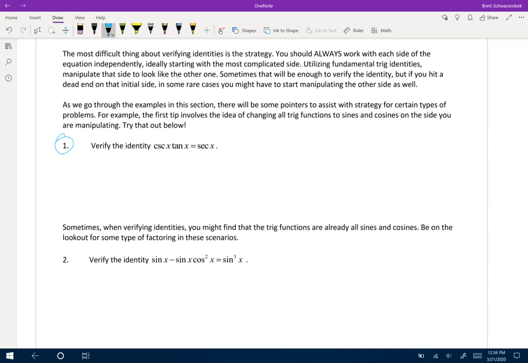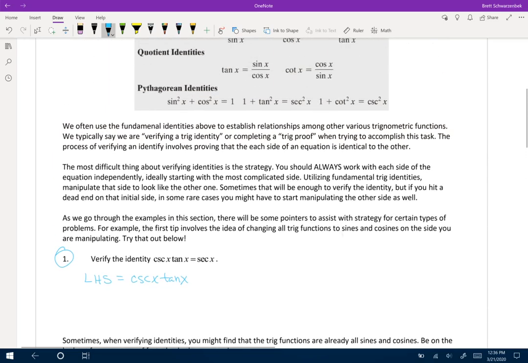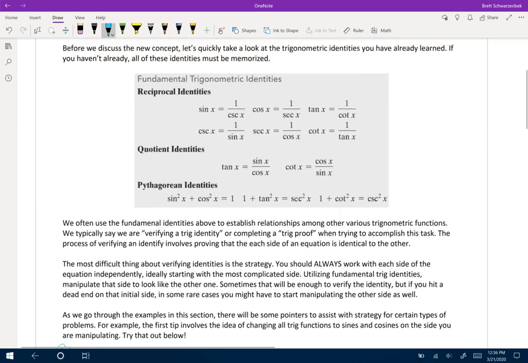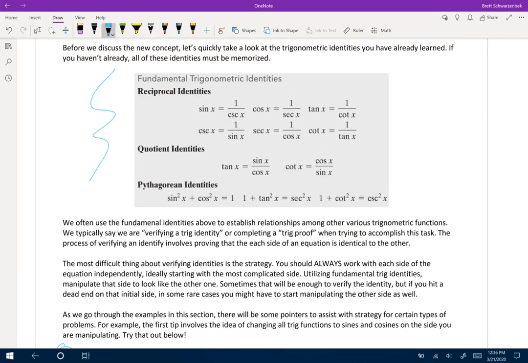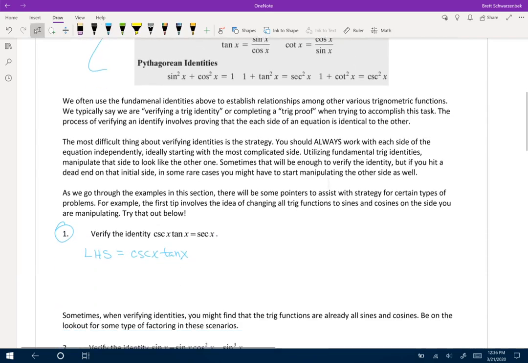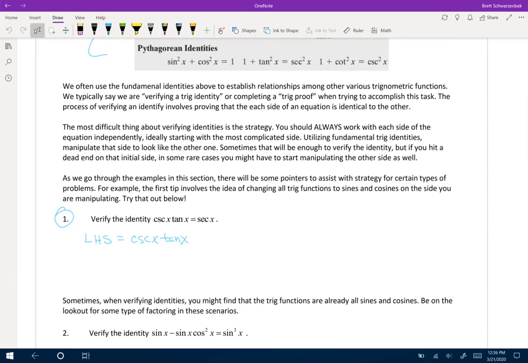So in essence, you can clearly see that the left-hand side, which I'll abbreviate by LHS, is equal to cosecant x tangent x. And that seems to be the more complicated side only because there's two things there, or two trig functions. So our goal is we need to manipulate these two trig expressions using our known identities in order to get a result of secant x.